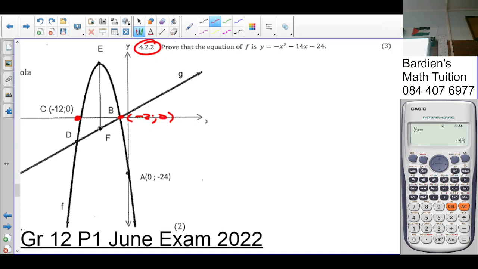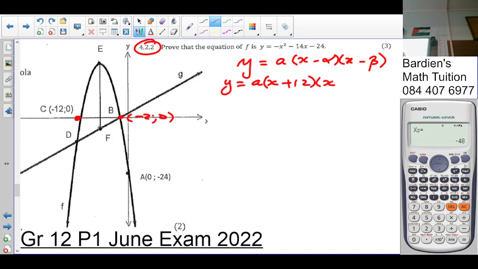So we say it's in the form y is equal to a into x minus alpha, x minus beta, or what most of you would say, y is equal to a into x minus x1 times x minus x2, where alpha and beta are the x-intercepts. So if I substitute your x-intercepts, y is equal to a into x minus minus 12, x minus minus 2. We can change this to plus.